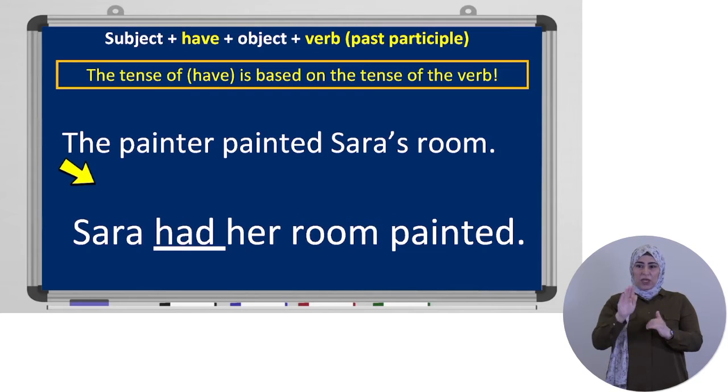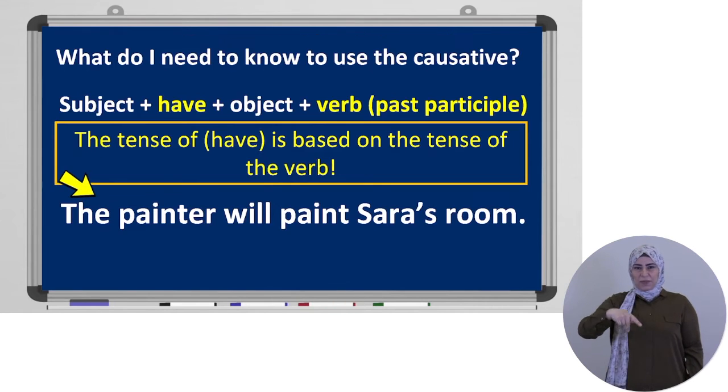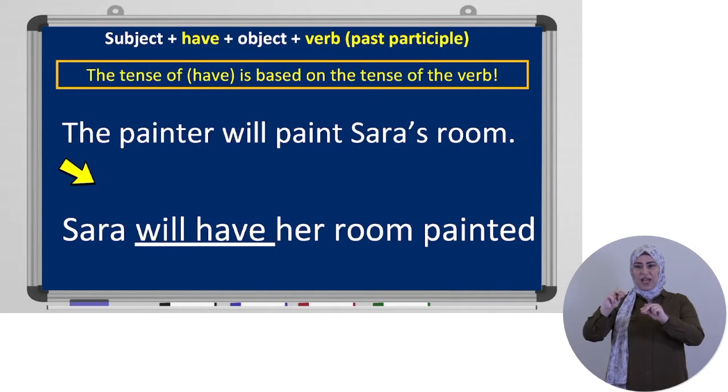Very easy. It might get a little bit tricky, but let's look at it a little bit step at a time. The painter will paint Sarah's room. So let's look at the tense of the verb. Will and paint. This is what we're going to be working with. Let's use the causative. Sarah will have her room painted. The painter will paint Sarah's room, it will be Sarah will have her room painted.